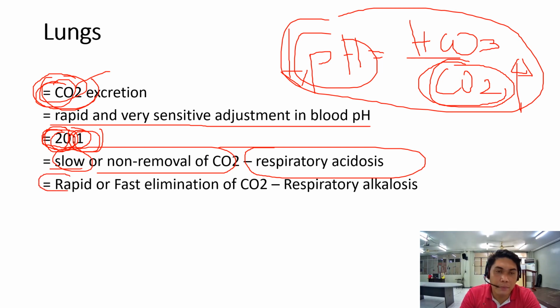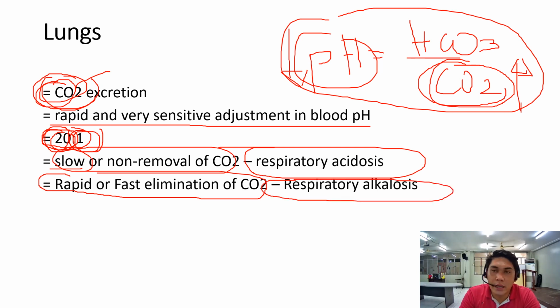Next, if there is rapid or fast elimination of CO2, this will result in respiratory alkalosis. Why? Let's go back to this equation or formula. Fast elimination of CO2 means there's a decrease in CO2 concentration in blood.